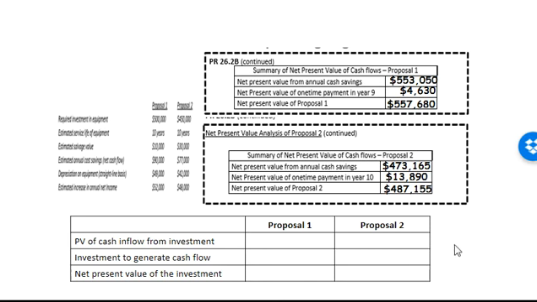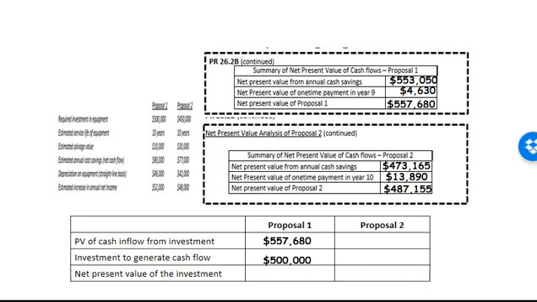That equals a total present value of $487,155. Now what I can do is take the information from my various proposals, the $557,680 from proposal 1, and compare it to the amount that I would have needed to generate that cash flow, in other words, my net initial investment of $500,000.